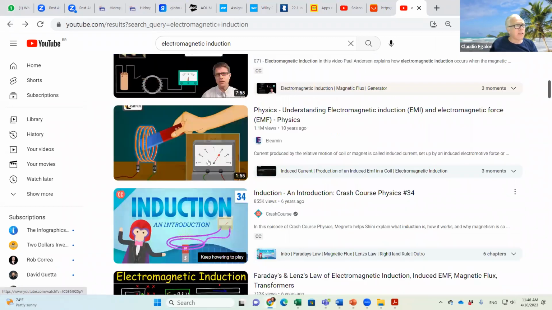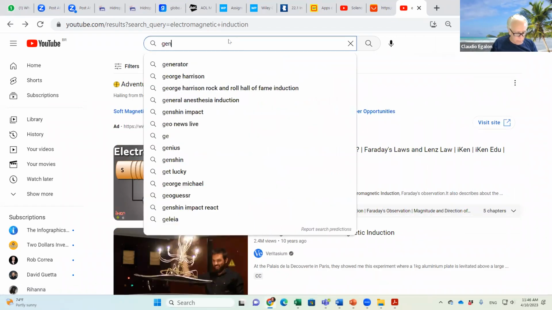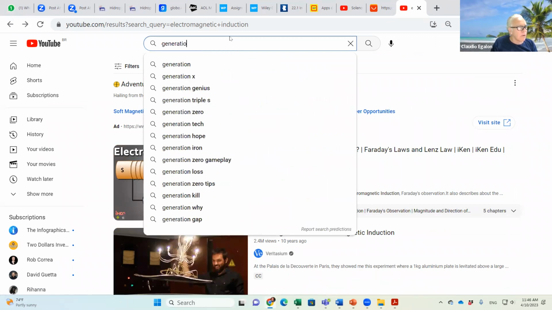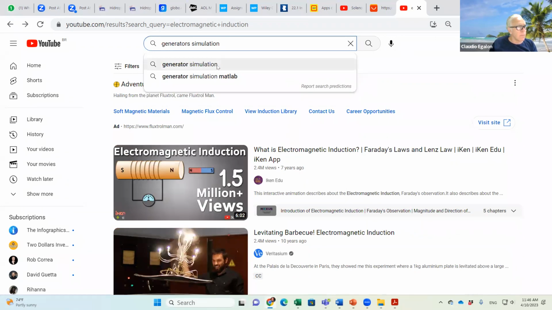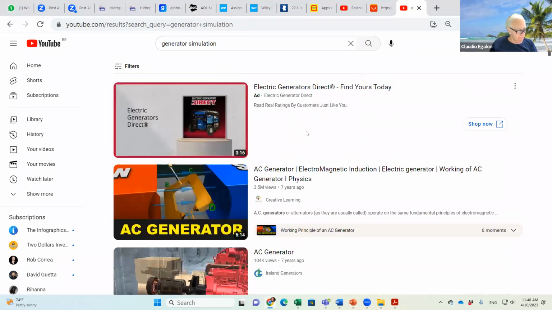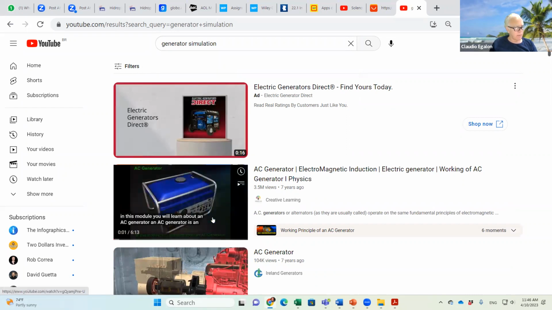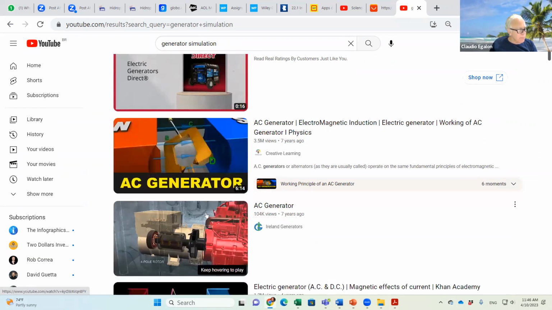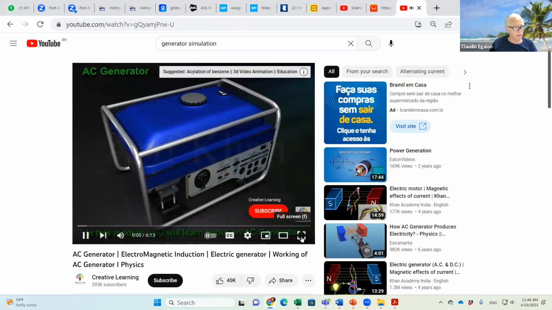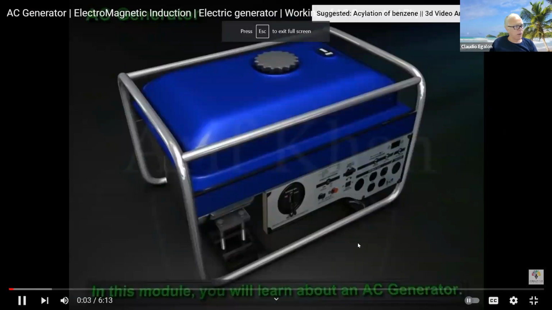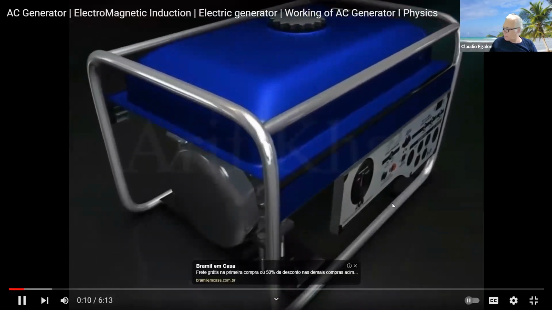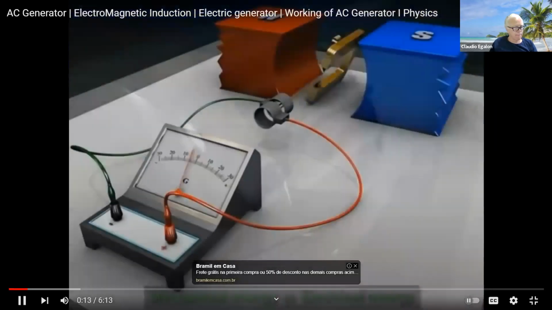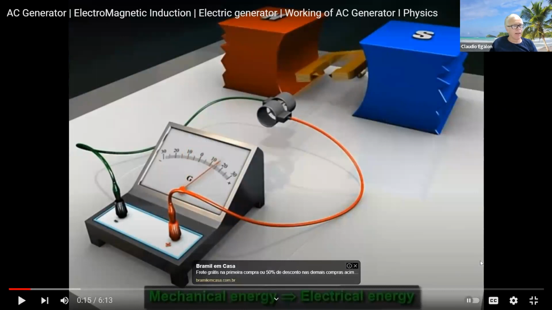I want to see a generator simulation. Okay, I like this one. Let's take a look. In this module, there are several ways of inducing a current. An AC generator is an electric generator that converts mechanical energy to electrical energy.